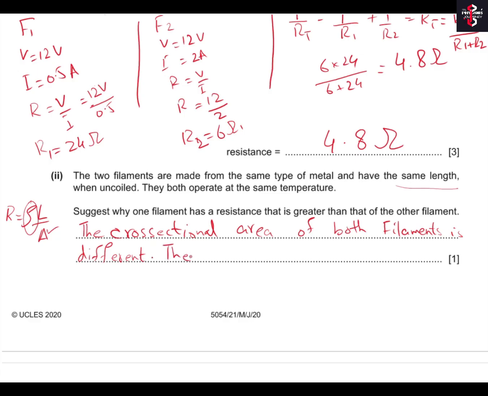The one with the smaller area will have more resistance.